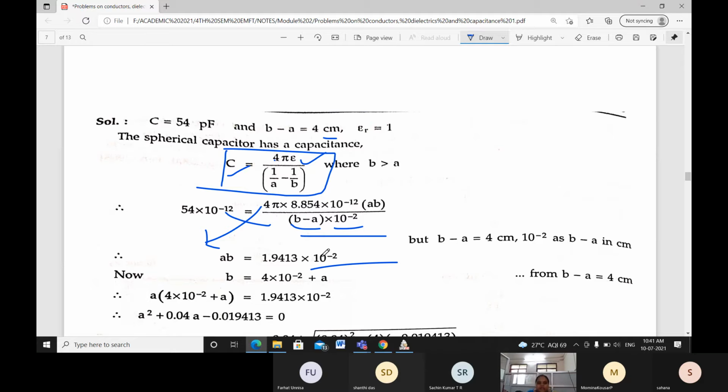You will be getting that. Then from the equation here, we will be getting AB. Then I can take B as 4 plus A, that is 4 into 10 raised to minus 2 plus A. Then go for substituting.